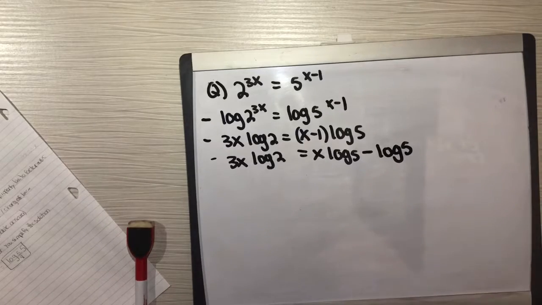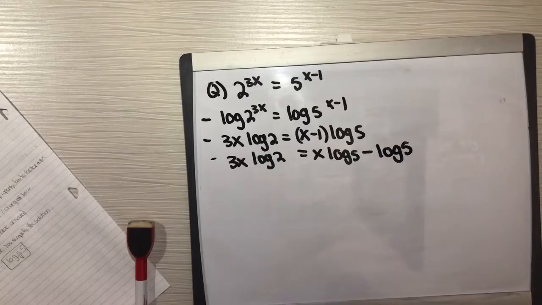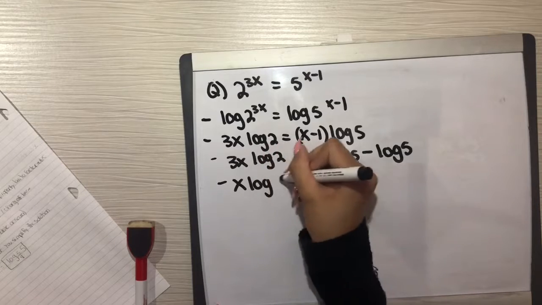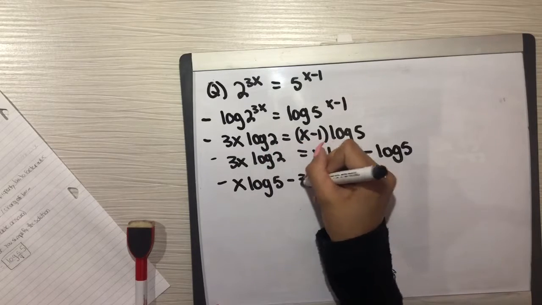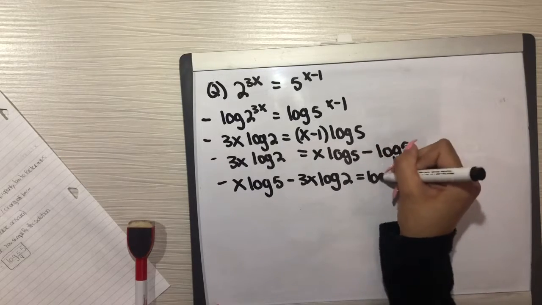And then you use addition and you bring x log 5 over to the other side. And you get x log 5 minus 3x log 2 equals log 5.